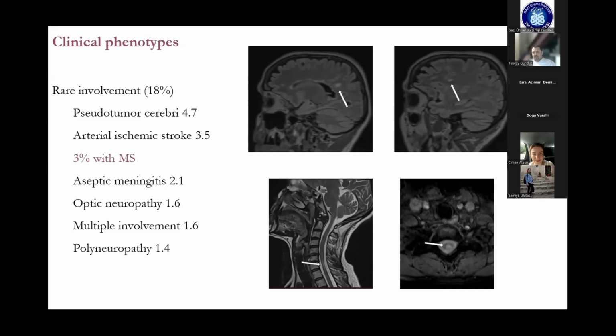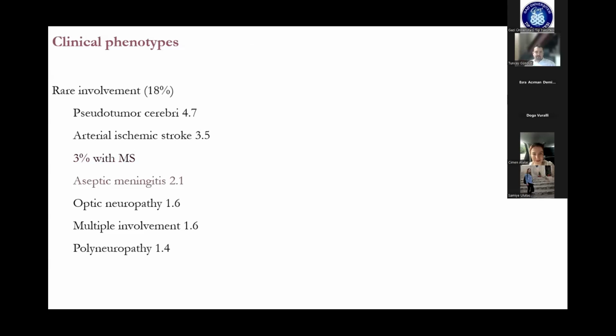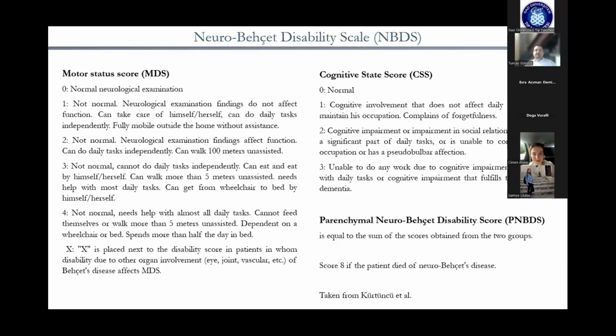So you should treat these patients like MS, not neuro-Behçet's disease. I mean, you should give MS treatment from the very beginning. Aseptic meningitis, optic neuropathy, multiple involvement, and polyneuropathy comprise rarer phenotypes.